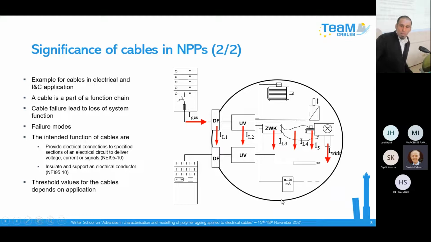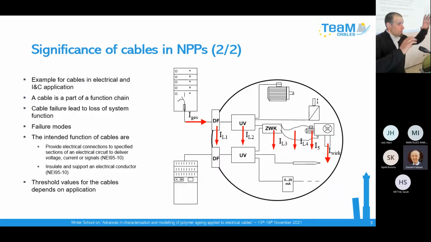In the case of the INC, it's quite similar. You have insulation resistances, and these are in parallel to the input resistance of the amplifier.